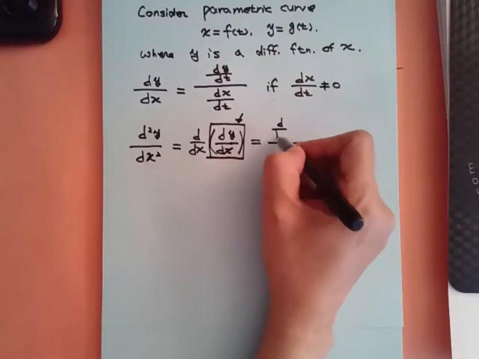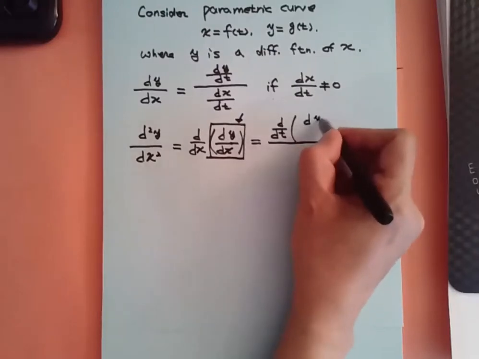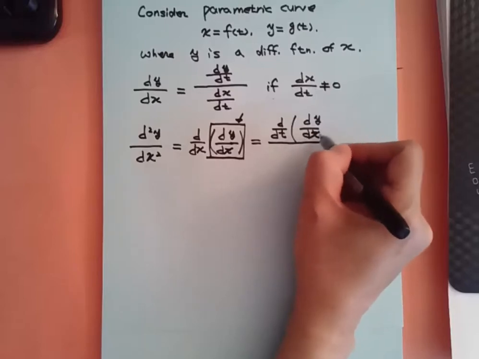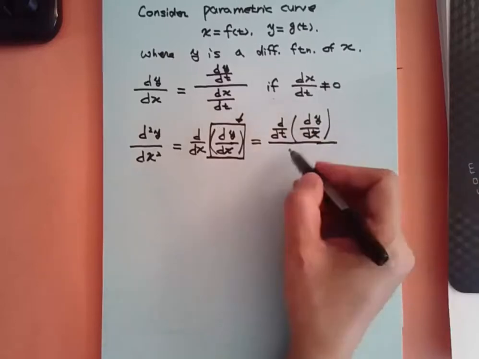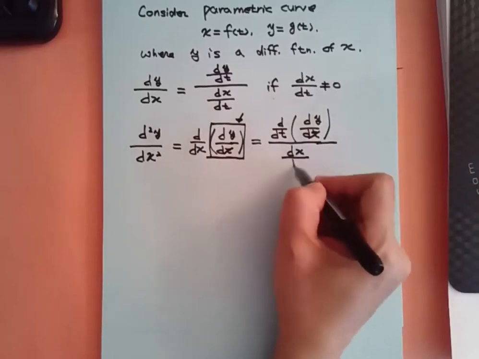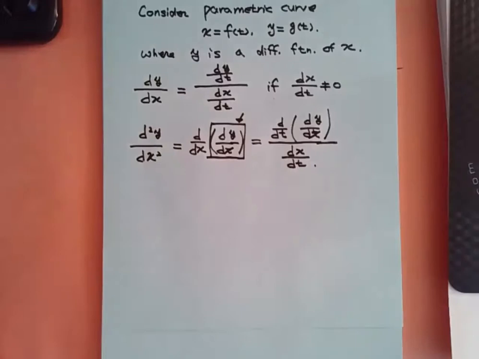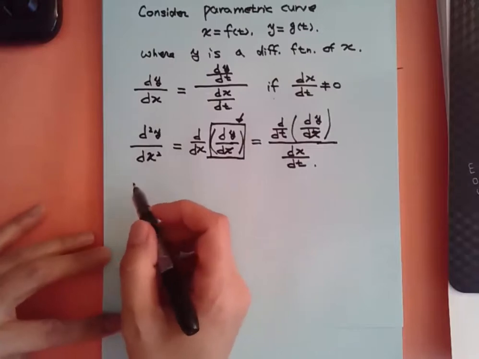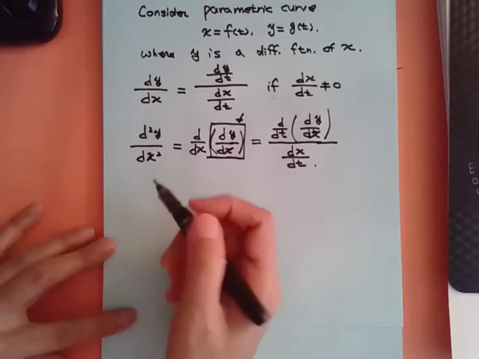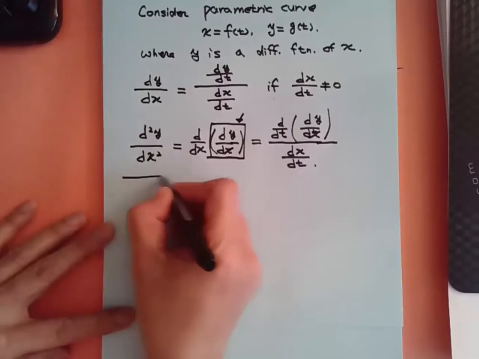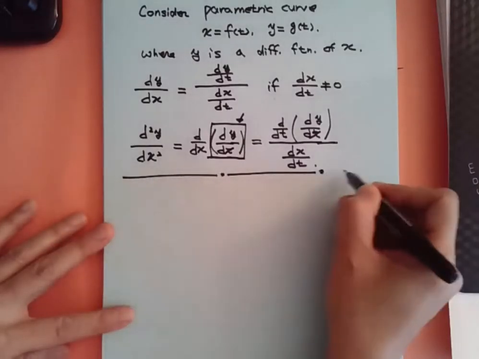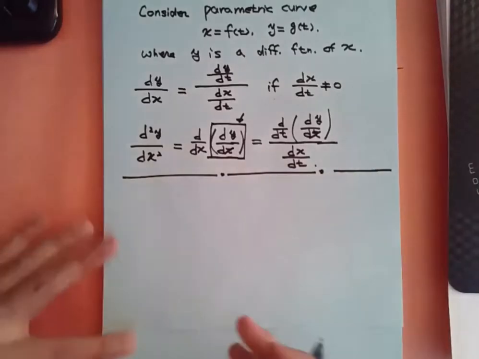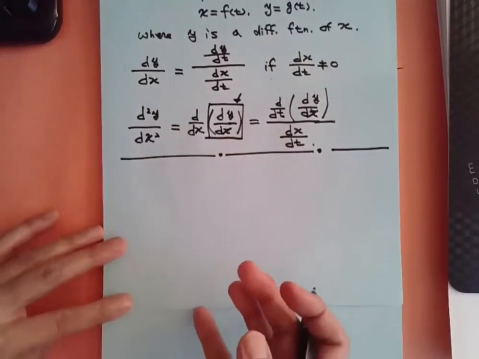So we will differentiate dy over dx with respect to t, and divide by dx over dt. It is the same principle we applied to the first derivative for the parametric curve. Those are the formulas you have to remember, or just derive naturally by understanding the nature of the parametric curve.